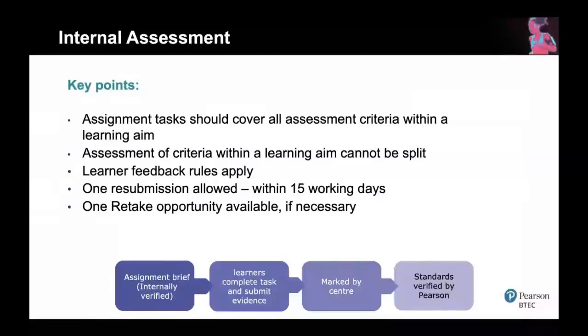Retakes must only be utilised for those learners who have not met all pass criteria, and therefore on that retake opportunity, learners cannot be awarded any higher grade than a pass.